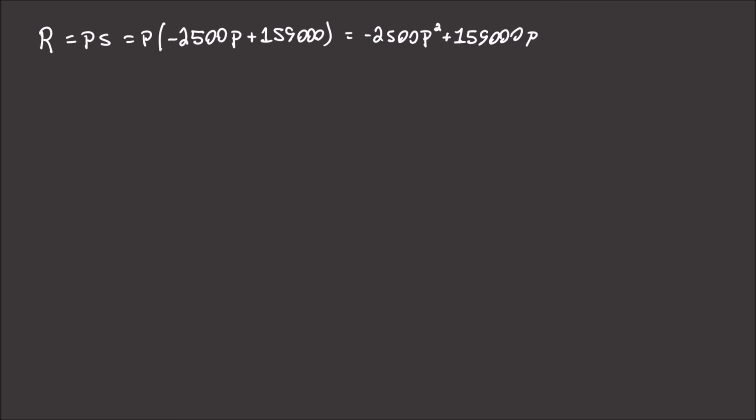So we want the p coordinate of the vertex. That would give us h is equal to negative b, which is 159,000, over 2 times a, which is negative 2,500. So this becomes 159,000 divided by 5,000.